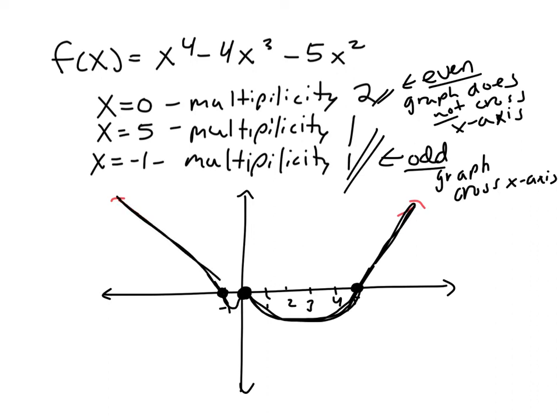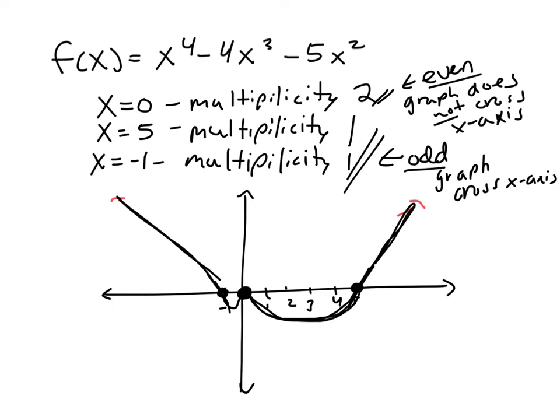I'm not labeling my y-axis because we didn't actually find any y points. I'm just saying that it's going to do something down here. It's going to turn around, and then it's going to turn around at 0. It's going to do something else down here. We don't know what, but then it turns around and goes back up.